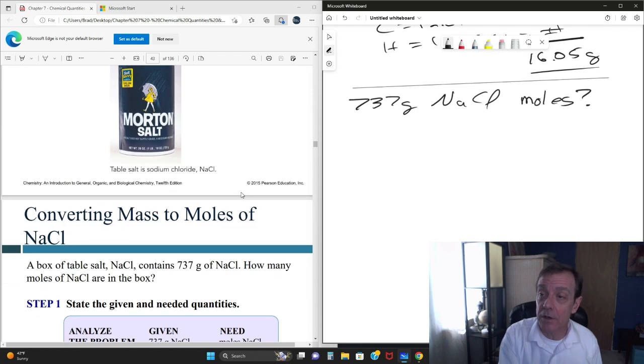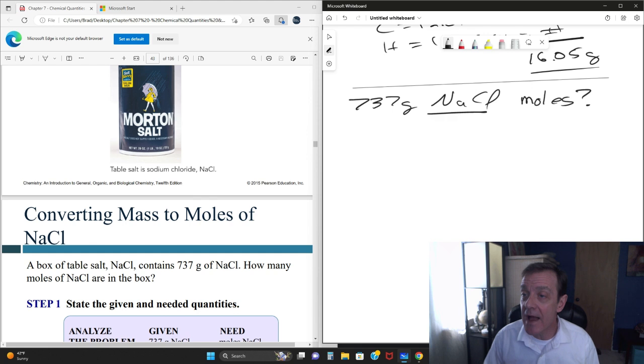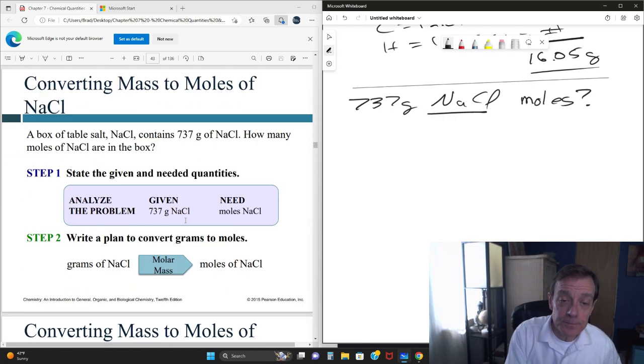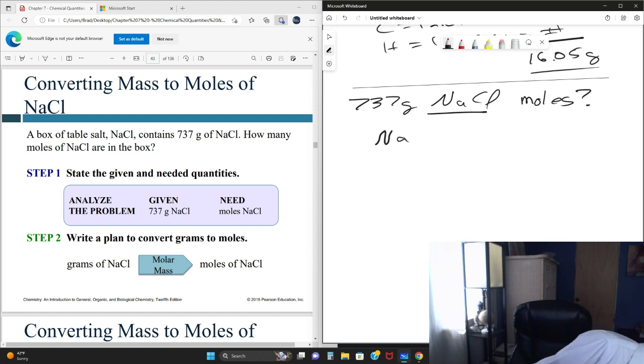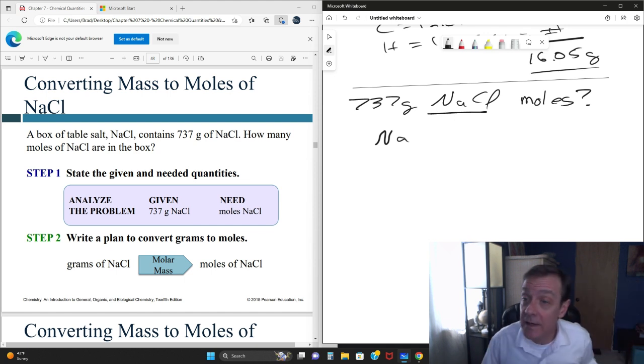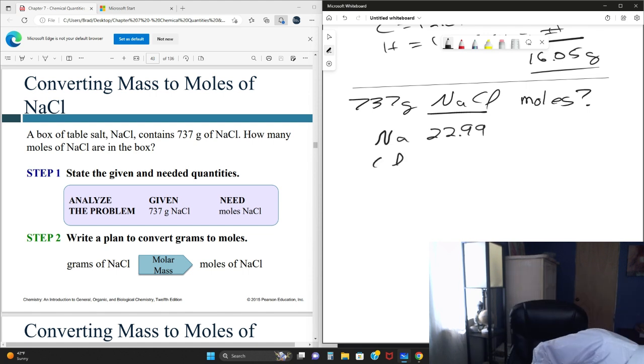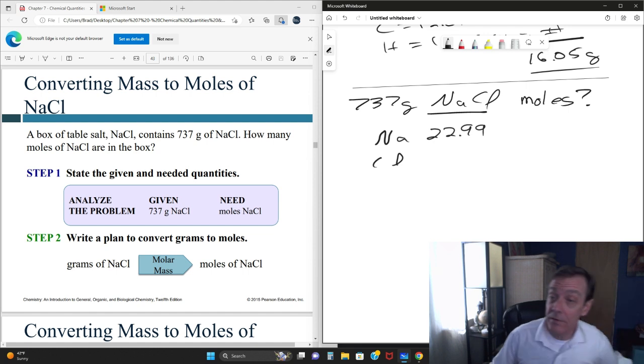Well, the first thing you're going to need to do is calculate the molar mass of sodium chloride. Go to your periodic table and you find out that sodium has a molar mass of 22.99 and chloride has a molar mass of 35.45.